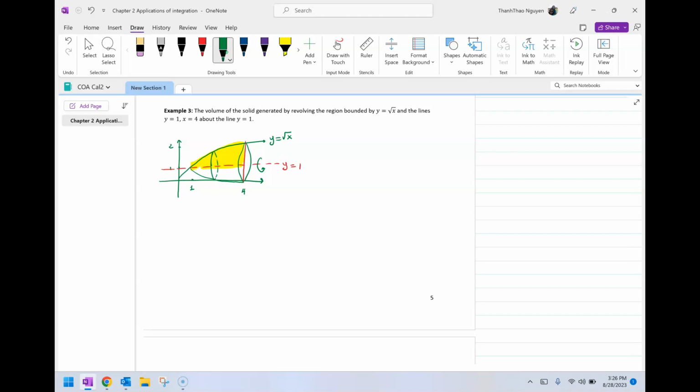So first of all, we'll find the intersection of y equals square root of x and y equal 1. So that intersection is at x equal 1.